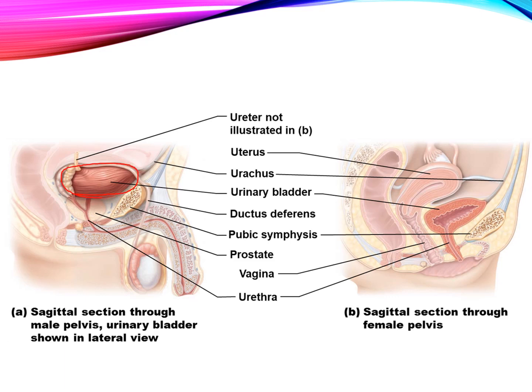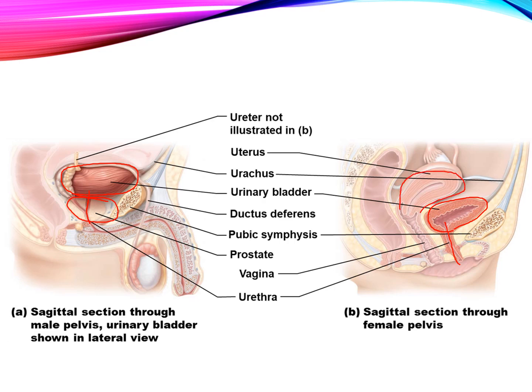And the location of it, you can talk about in association with other organs in the male and the female. And I have a picture of it, which will make more sense, I think. So essentially it sits above the prostate in the male, and it sits beneath the uterus in the female.